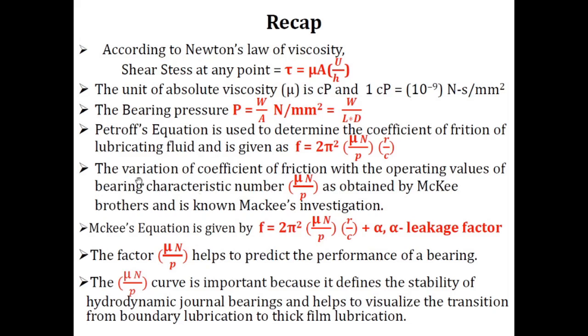We also discussed last time the bearing characteristics number, that is mu n upon P, and the graph obtained by experiments done by McKee brothers, known as McKee's investigation. McKee gave the equation for the coefficient of friction f equal to 2 pi square mu n upon P into R upon C plus alpha, where alpha is called the leakage factor.